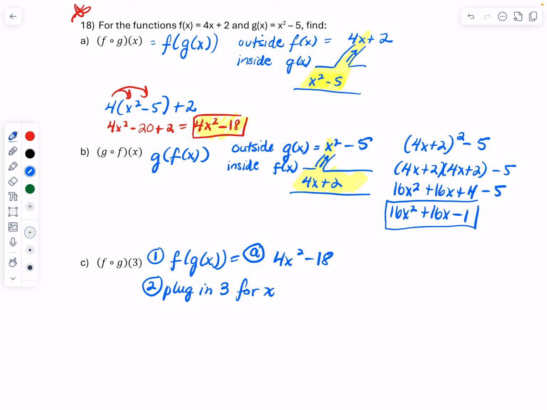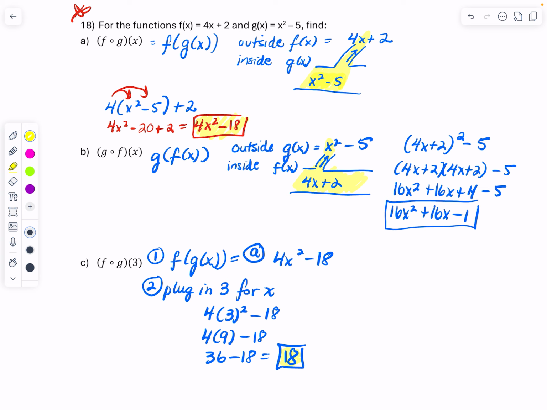So that looks like 4 times 3 squared minus 18. So 3 squared is 9, and 4 times 9 is 36, minus 18 gives me 18. And 18 is the answer for f of g at 3.